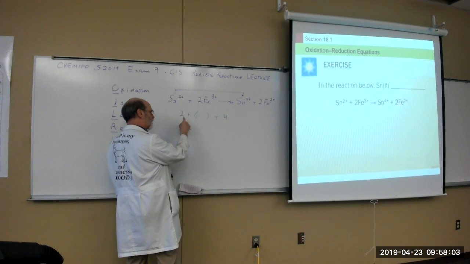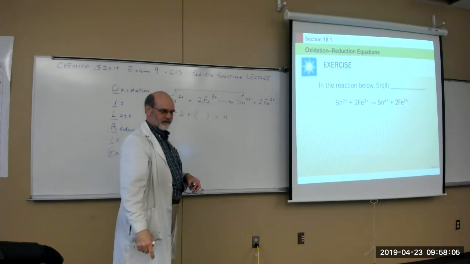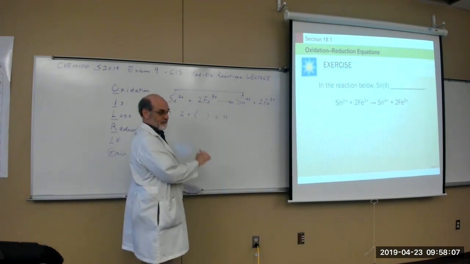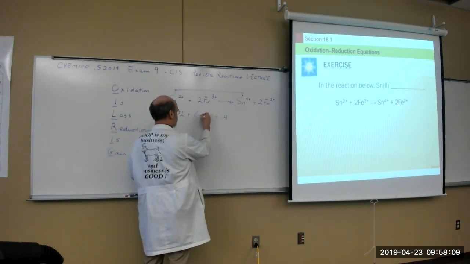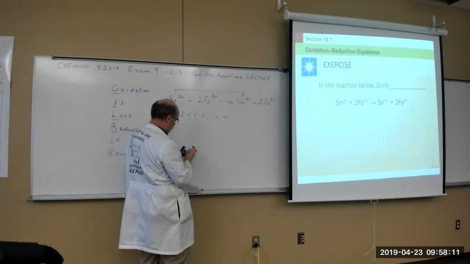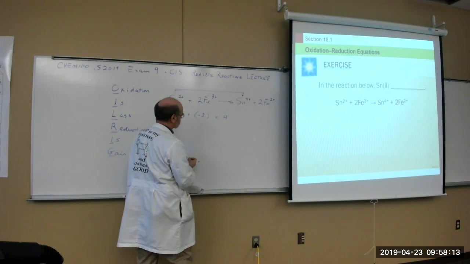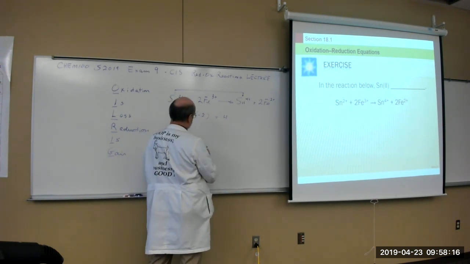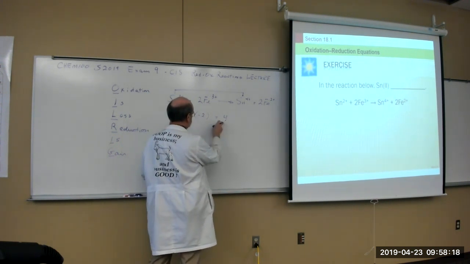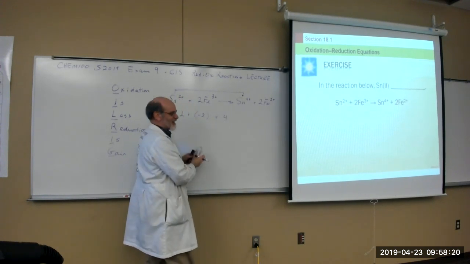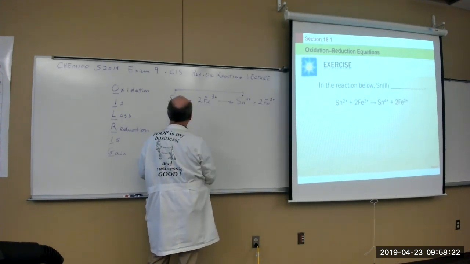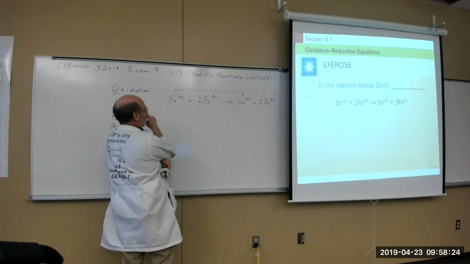How can you add something to 2 and end up with 4? Mm-hmm. -2. That doesn't work, does it? That makes it 0. Okay, so my math analogy doesn't work. Let's try it a different way.